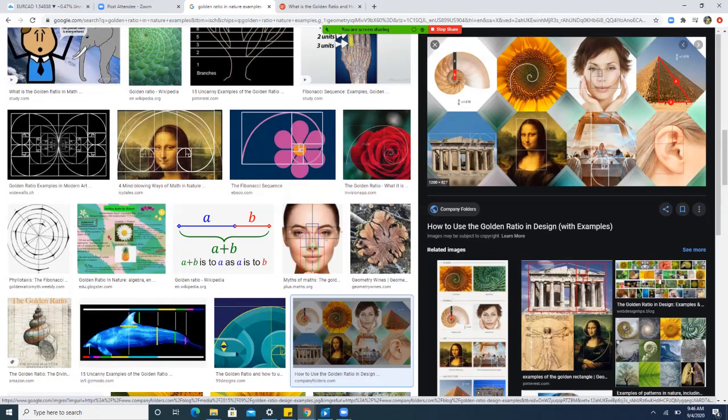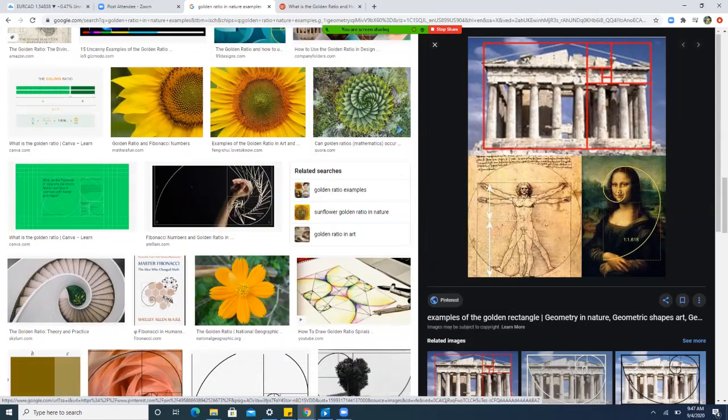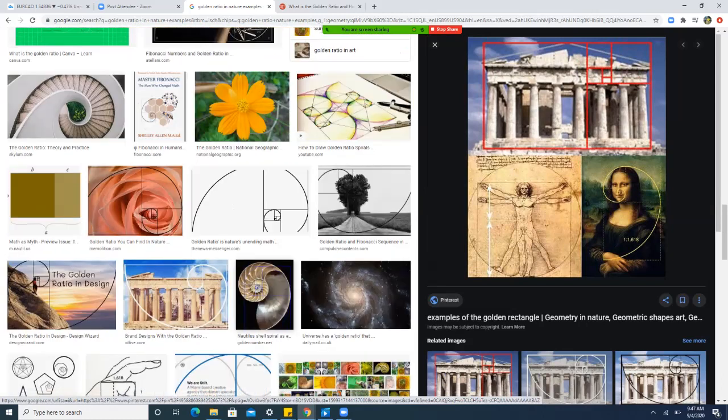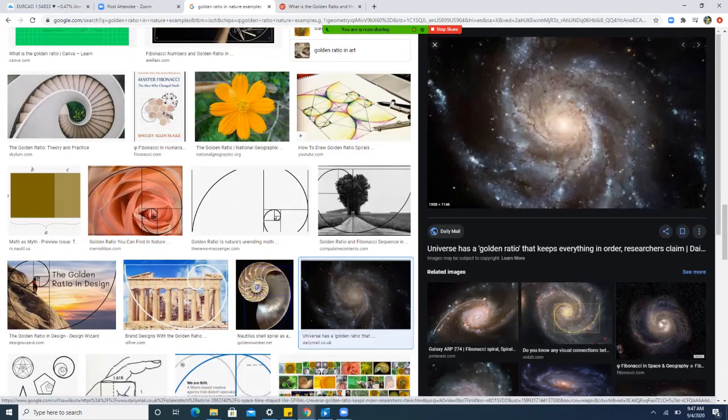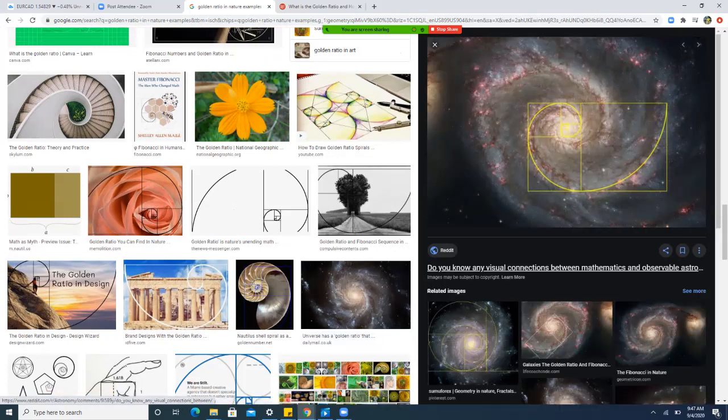So in your ears, the way the pyramids were built, everything follows that golden ratio. If we go here, the human painting, Pantheon. I can literally go on and on, especially with galaxies: the way galaxies are shaped follows the Fibonacci sequence. There's something to it.